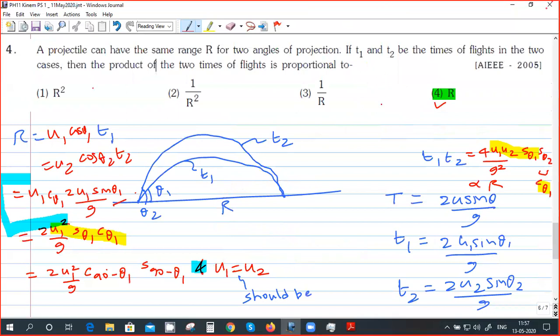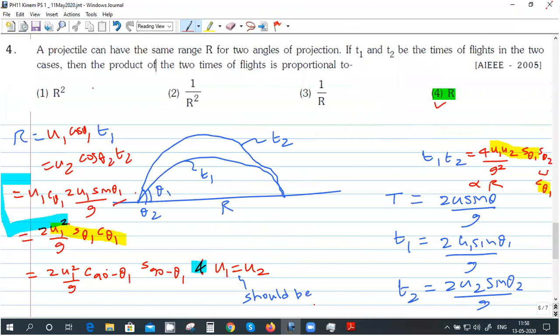This is a standard result: the range is the same for complementary angles, like theta 1 and 90 minus theta 1. You have to know this result beforehand, because this is an example from JEE Mains.